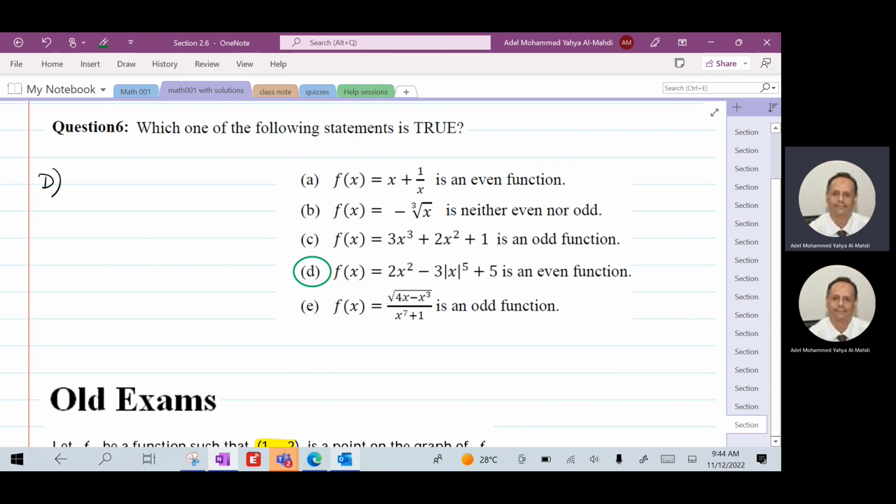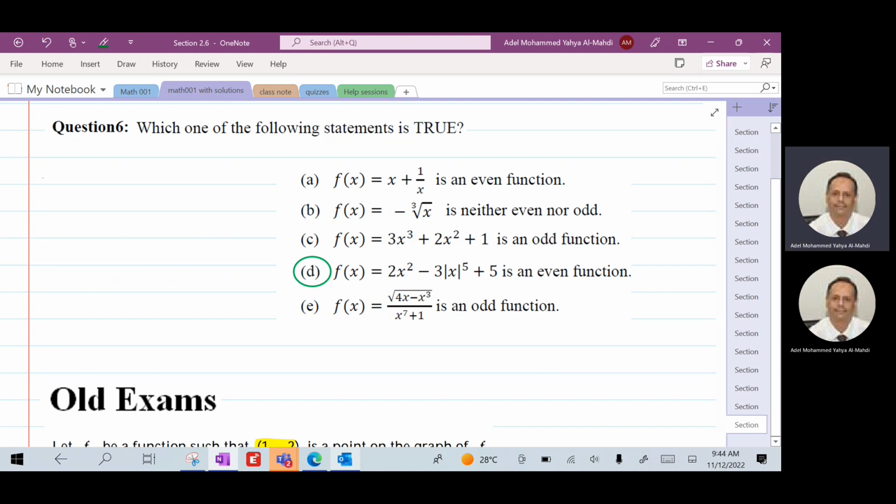Why is D even? D is even because the power is 2 and there is an absolute value. Absolute value will not change, and x squared will not change.